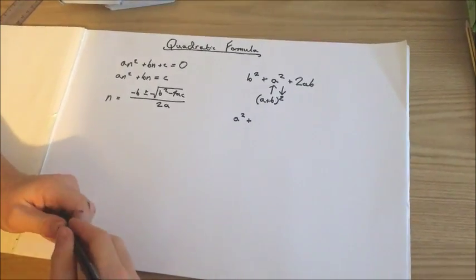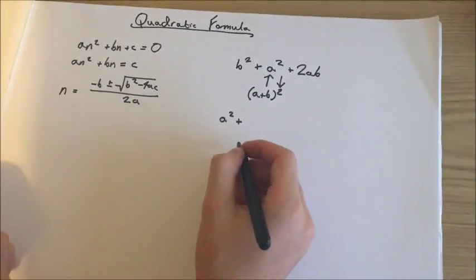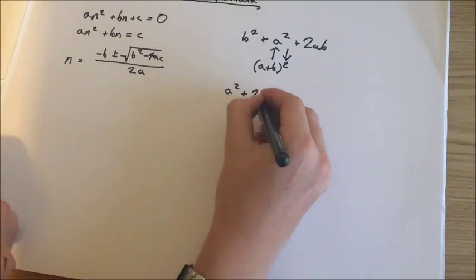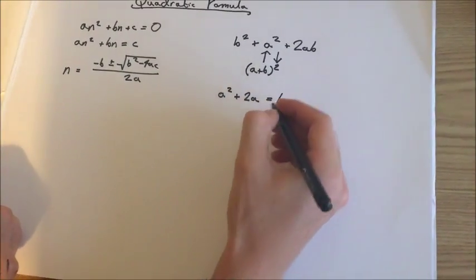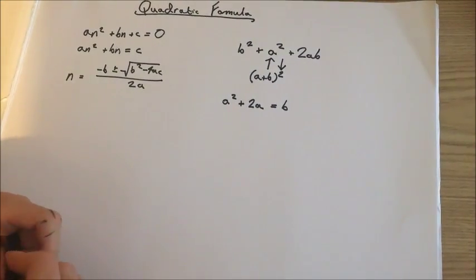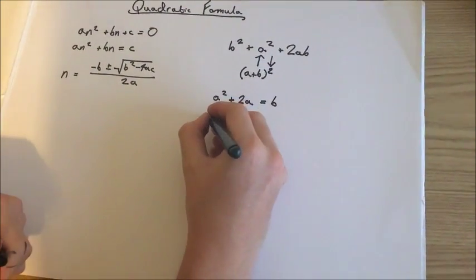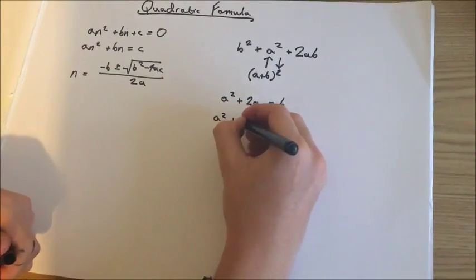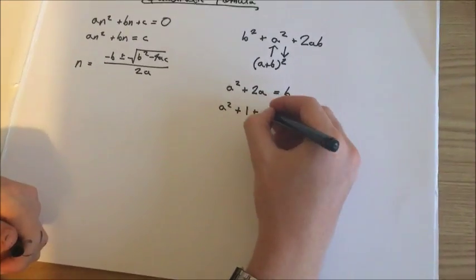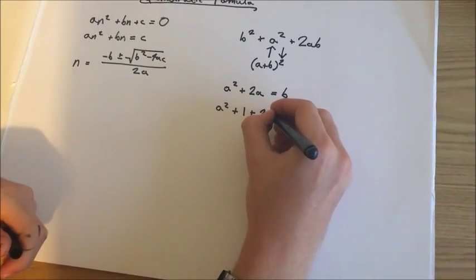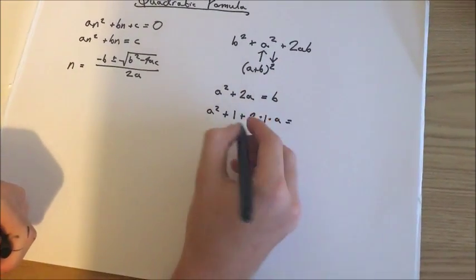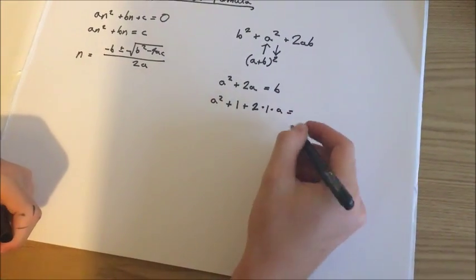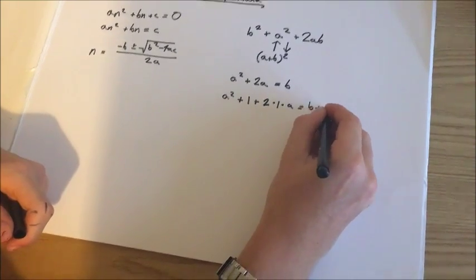Yeah. If we had a squared plus 2a, and we say that's equal to b, if we add 1 to both sides, that turns it into a squared plus 1 plus 2 times 1 times a, because 2 times 1 is 2, and that's equal to b plus 1.